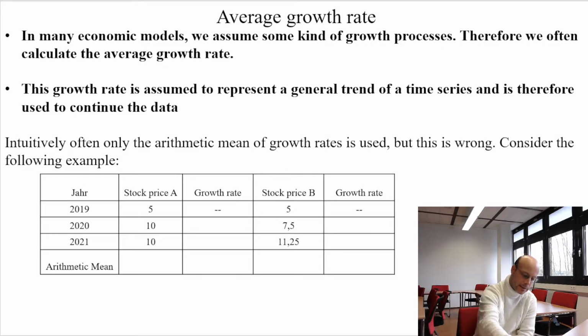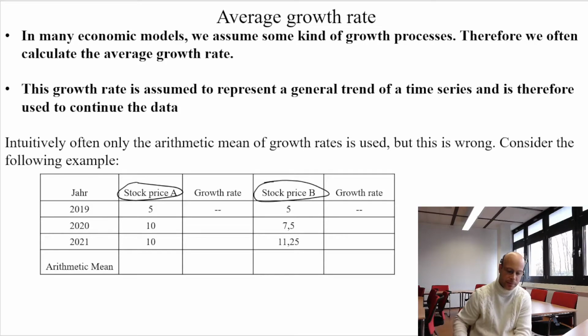So let's take the development of two stocks. Stock price A and stock price B should evolve over time, as in our example, from 5 to 10 to 10 for stock price A, and from 5 to 7.5 to 11.25 for stock price B.